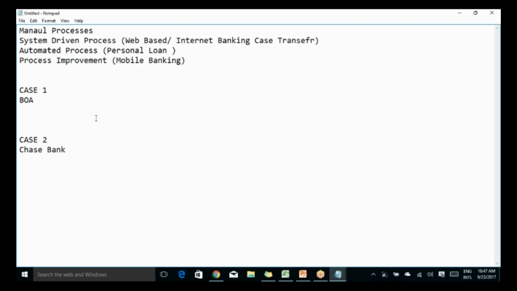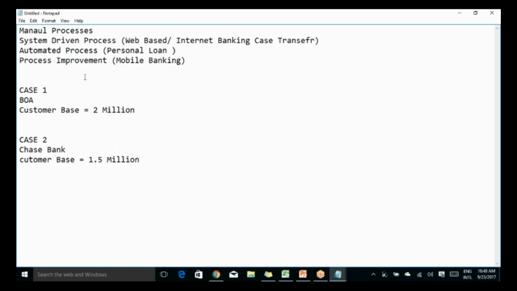In case 1, the customer base is, let's say, 2 million, and in case 2 the customer base is, let's say, 1.5 million. Okay, so we have two cases. One is Bank of America with a customer base of 2 million, and case 2, Chase Bank, with a customer base of 1.5 billion.